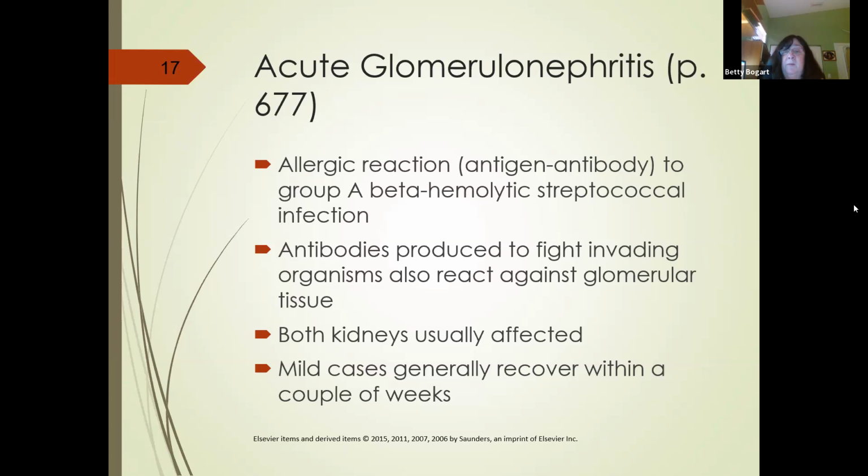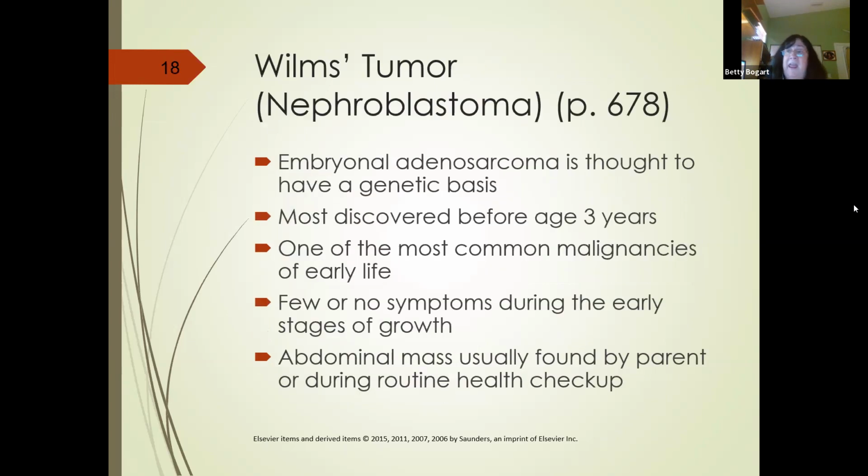Again, it could be one kidney, both kidneys. You're going to see these children hypertensive. You're going to see these children oliguric. They're going to be stopping urinating, or have a little bit of red or very concentrated urine. Treat them and they turn around, and most of the time, 99%, it'll be just an acute stage. It won't be chronic.